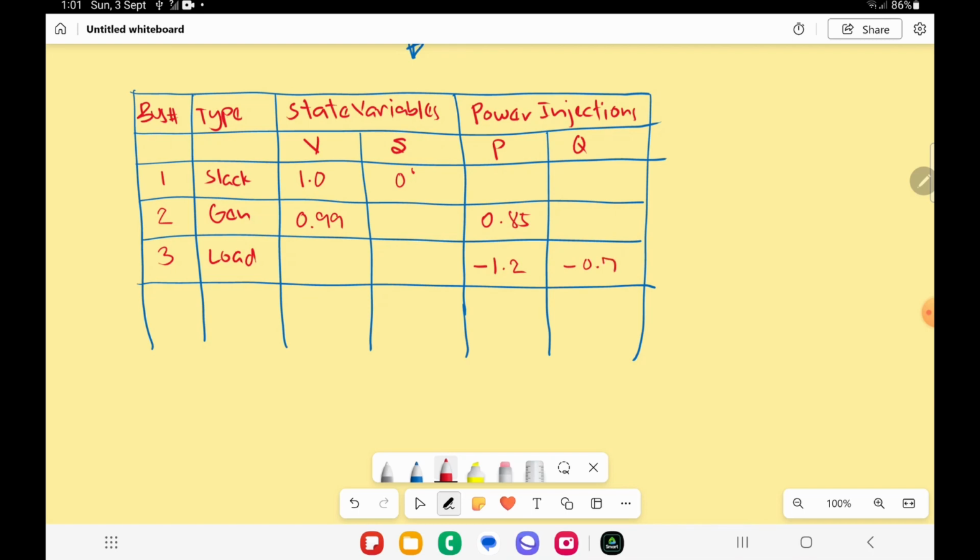So we have unknown state variables for bus 2, which is delta 2. For bus 3, we have delta 3 and V3.